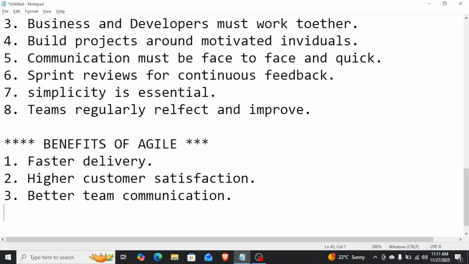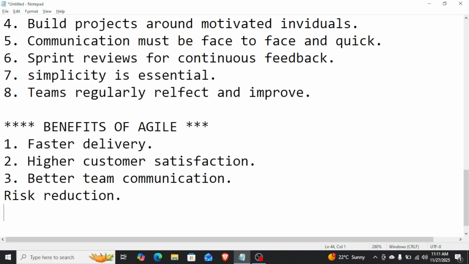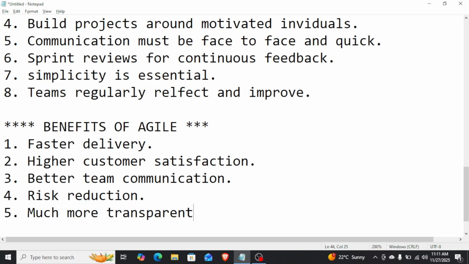Fourth one is risk reduction. Fifth one is much more transparency.